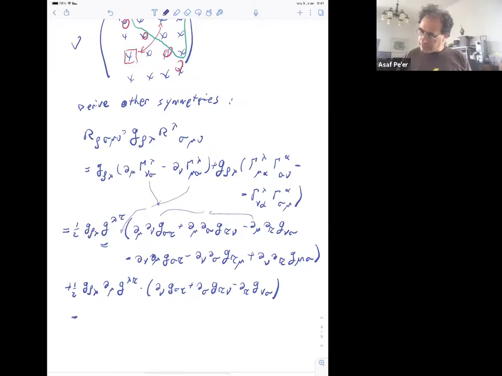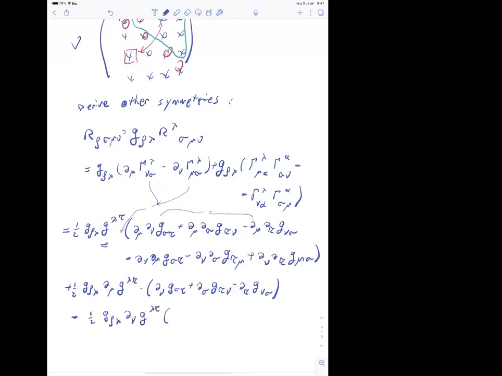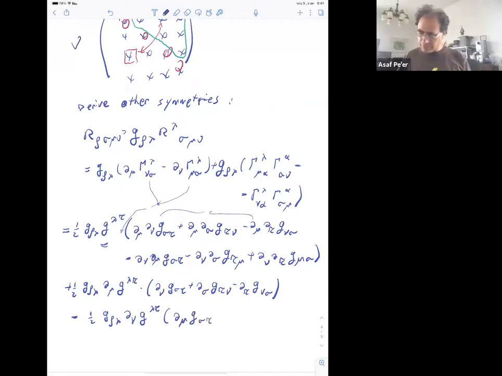And then for the second guy, minus 1/2 g rho lambda d mu g lambda tau d mu g sigma tau plus d sigma g tau mu minus d tau g mu sigma.